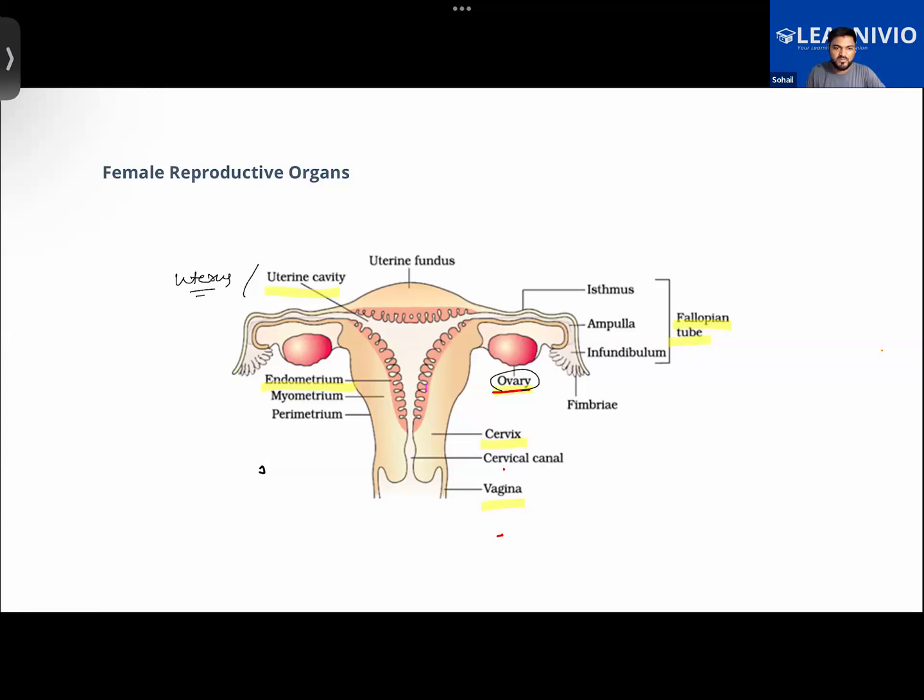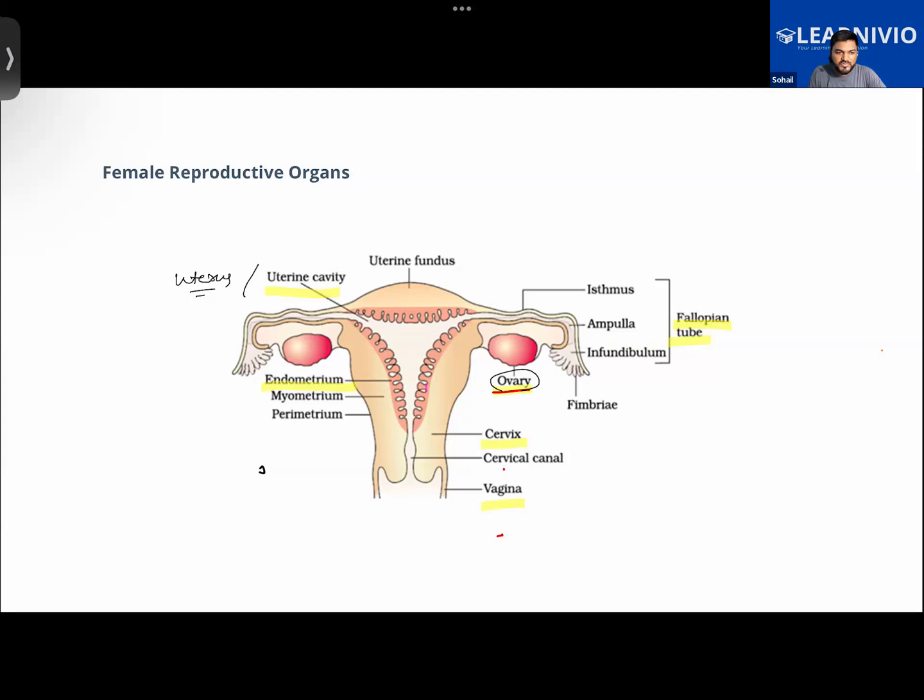Like, they will be responsible for what function? Estrogen regulates the menstrual cycle, and the progesterone is responsible for the pregnancy. Progesterone will be particularly produced in the times of pregnancy. Good.